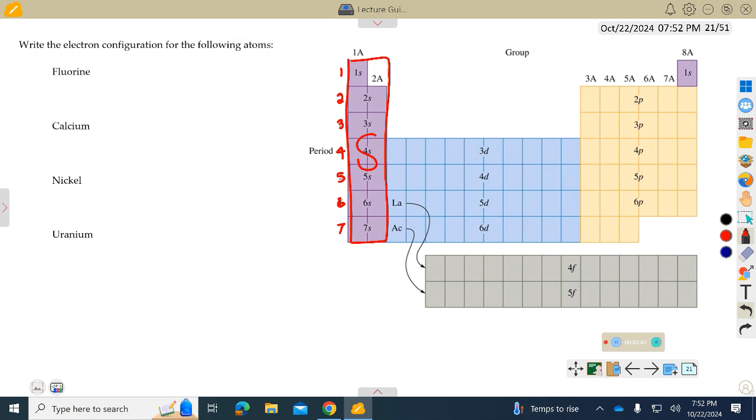So we put a block around the first 2 columns. We call it the S block. We number down the side 1 through 7. There's an S orbital in every energy level 1 through 7. Now S orbitals can hold 2 electrons. That's why this block goes across 2 elements, to represent the fact that 2 electrons fill the S orbitals.